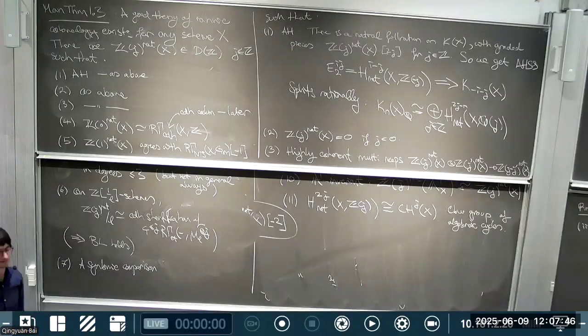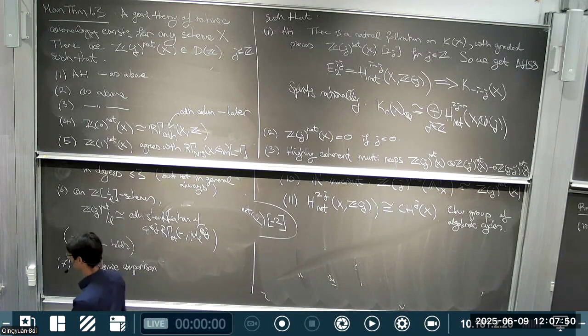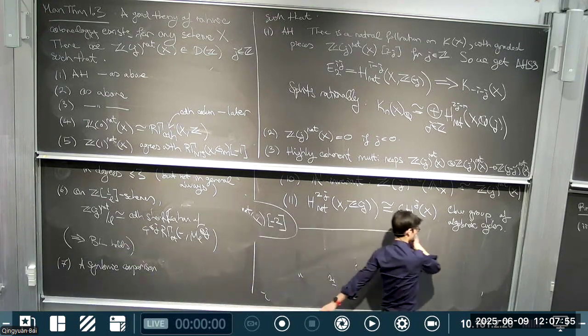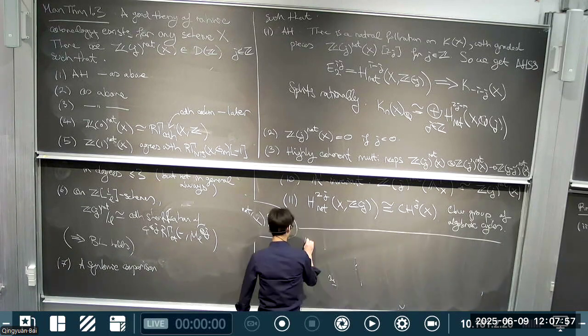Is it true that if you start with something smooth, that the two theories agree? Previously I decided to stop after 11, but I could have inserted a 12. Yes.